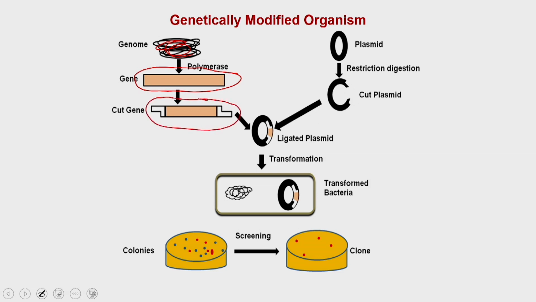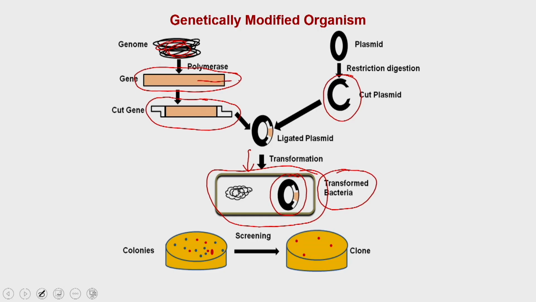Similarly, you can take the transforming agent and do the same kind of restriction enzyme digestion, and then you put these two components together for a ligation reaction, and ultimately you can do a transformation into the host cell which you would like to use for overexpressing or utilizing this particular gene, and ultimately you are going to get a genetically modified bacteria which is going to express this particular gene.